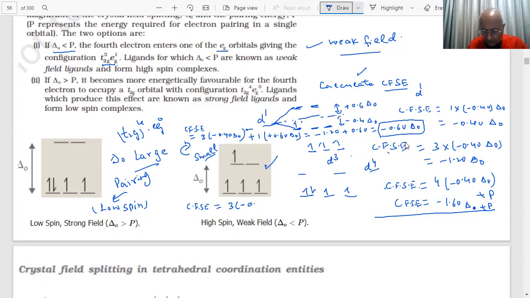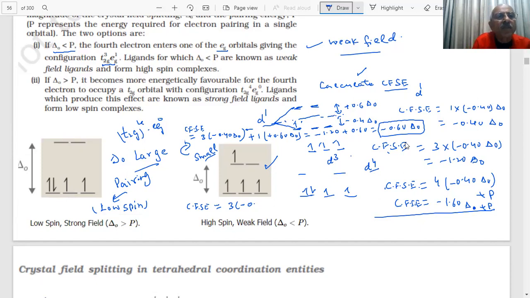So crystal field stabilization energies can be calculated, and we now understand how to write the electron configurations when the d orbitals get split up for all the cases, d4, d5, d6. There are two cases, and that depends on two things which we have told you.